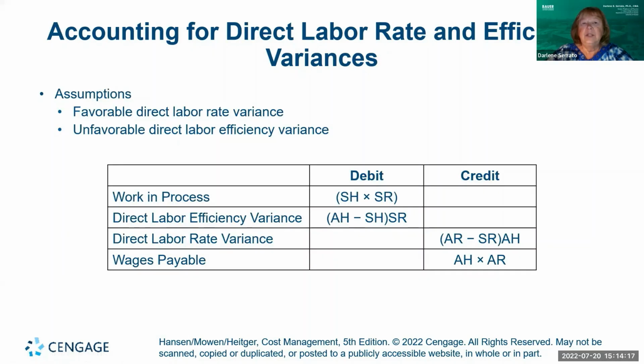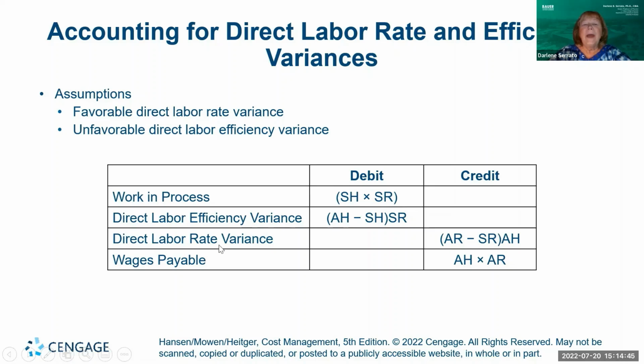So I want to look at journal entries associated with these variances. You're debiting work in process. Remember, we're carrying our product cost at standard, so standard hours allowed times the standard rate. We are debiting the efficiency variance because it is unfavorable.